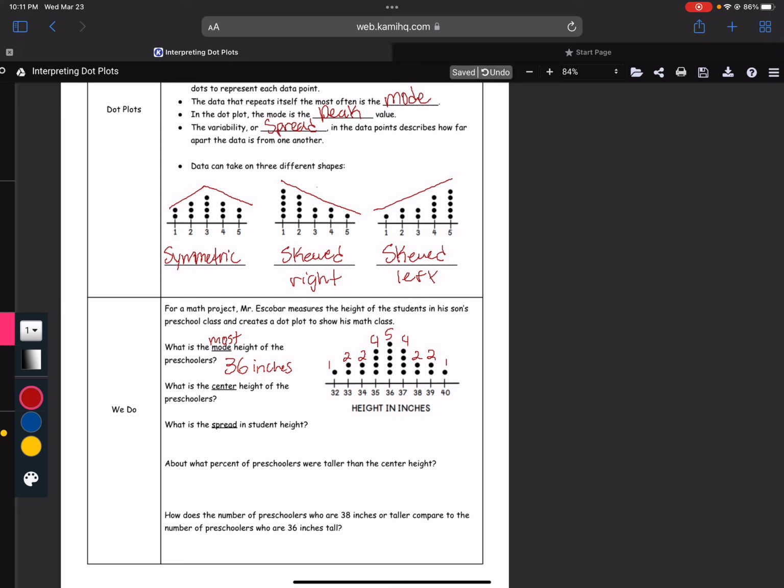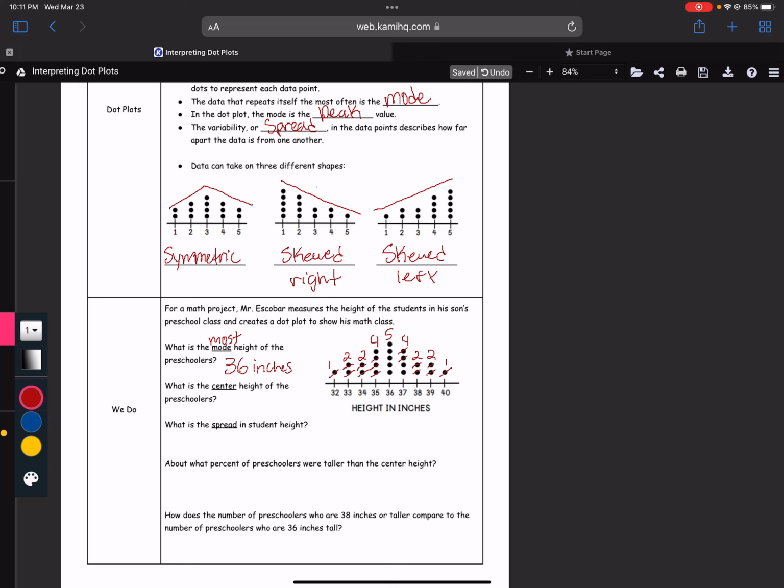Now let's go ahead and find the center height of the preschooler. So that is in the middle. So kind of how we talked about here. We do 1 and 1, 1 and 1, 1 and 1, 1 and 1, and so on and so forth. But notice here, this is symmetrical.